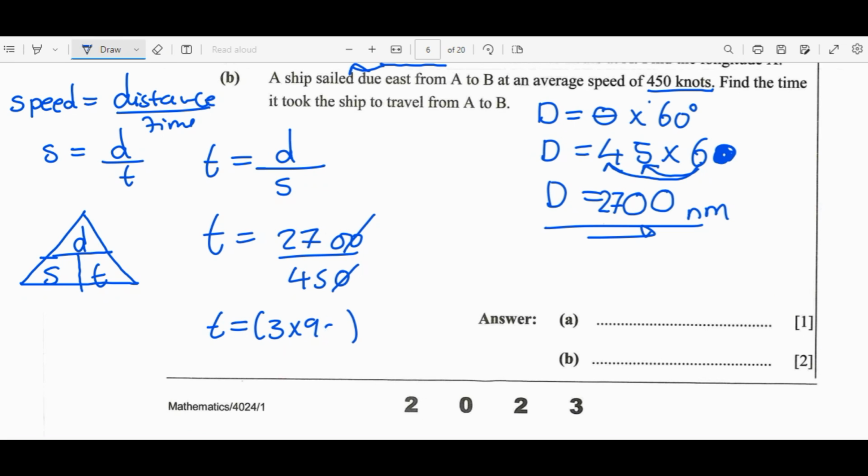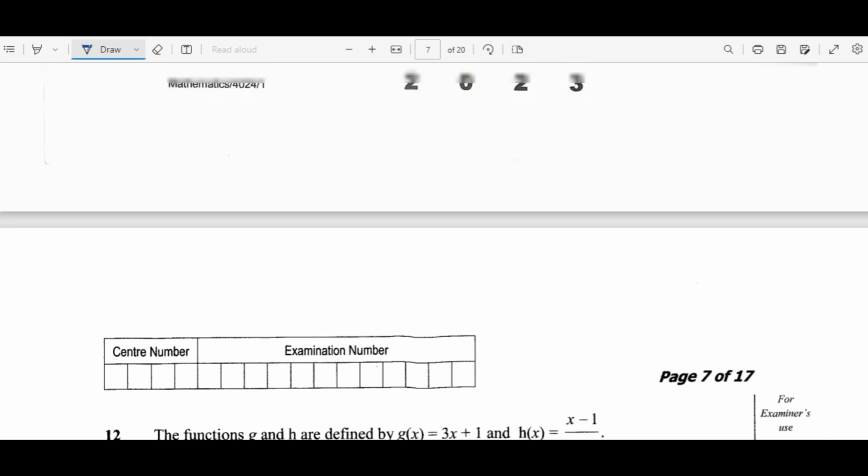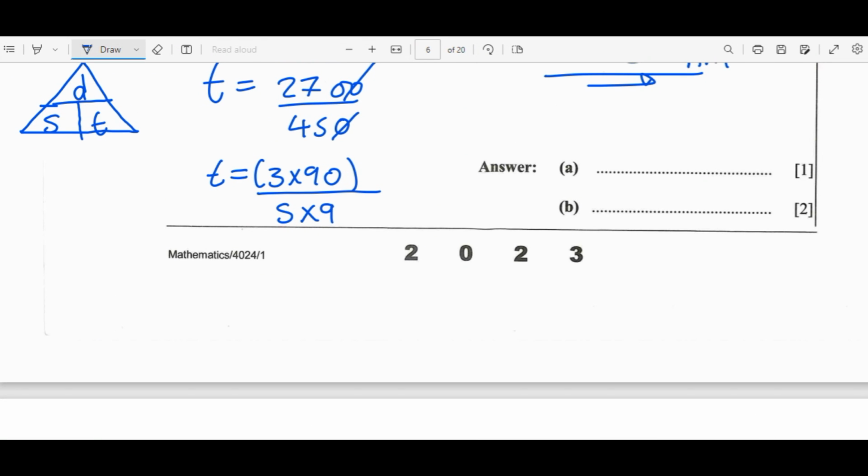So 90 over 45 is the same as 5 times 9. So this 9 and this 9 can cancel. So we have a 10 here. Time is equal to 30 over 5. 5 into 30 is just 6 hours. So that was the time.